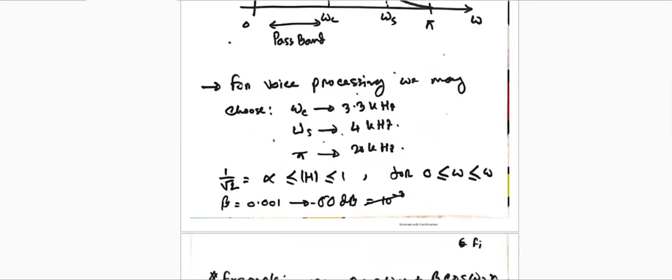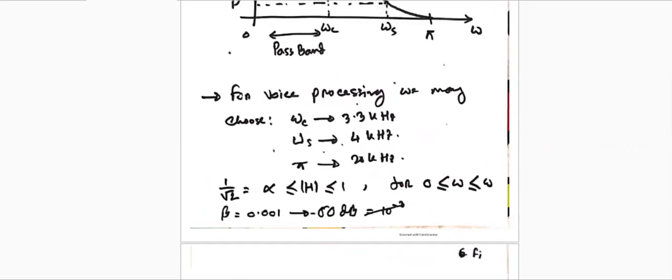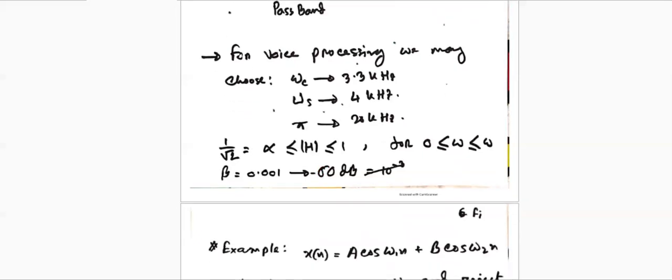These are the practical values for voice processing. The beta can be given as 0.001, or minus 60 dB. You need to define it for designing your filter.